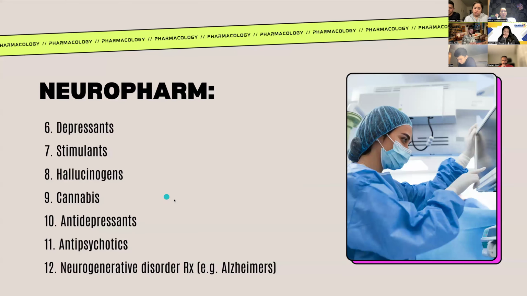There are a lot of other medications within the field of neuropharmacology. We don't give these medications, but a lot of times our patients come in on these medications. You can imagine they're on a medication that modifies the central nervous system, and we're giving a medication that also modifies the central nervous system. There are only so many targets in the central nervous system, right? So if they're taking something and we're giving something, we're bound to have some kind of drug interaction.